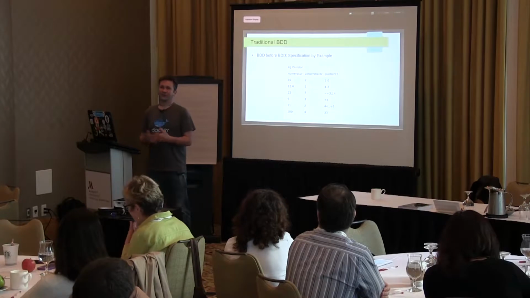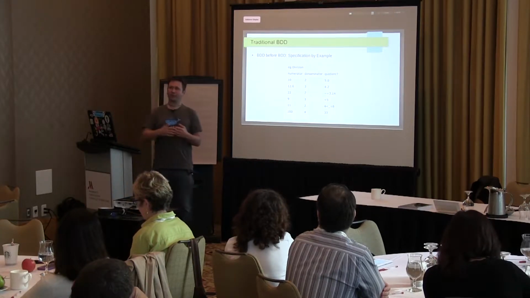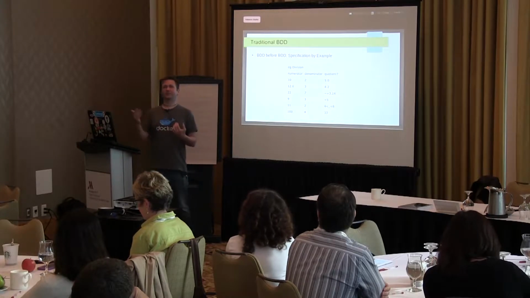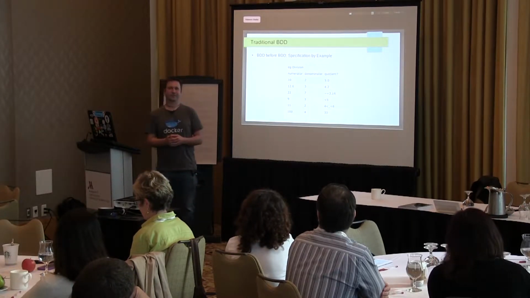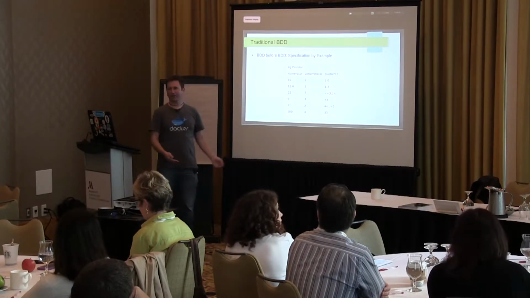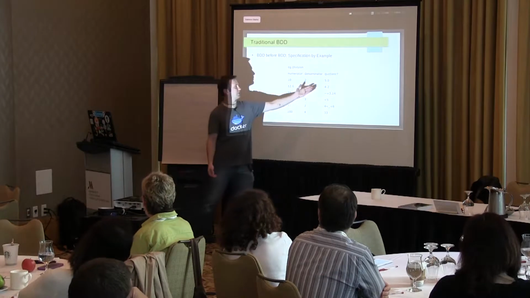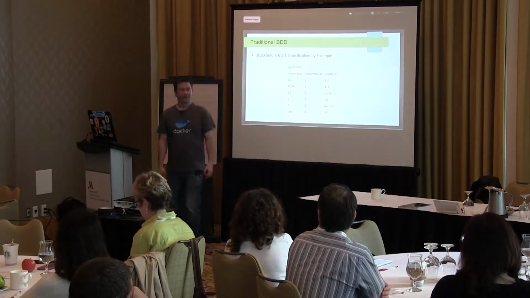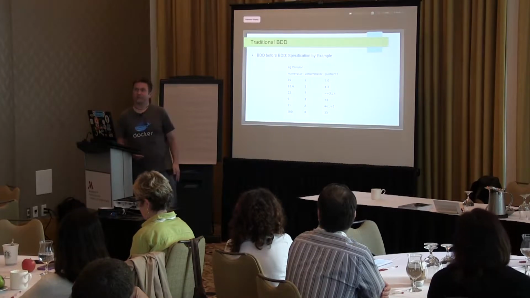So for testing, it's quite great. It's not very verbose to get a whole bunch of different scenarios specified by all sorts of different permutations of input and output values. This is a simple division specification where you have the numerator, denominator, and then what the quotient's going to be. So that can drive your specification if you're writing a calculator.